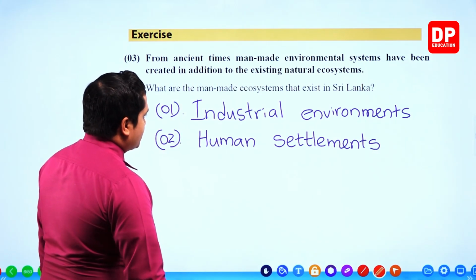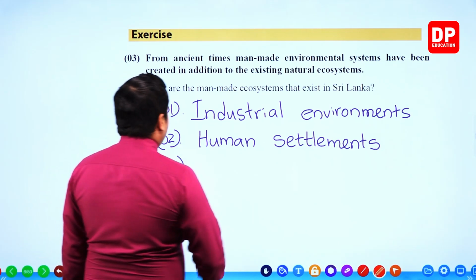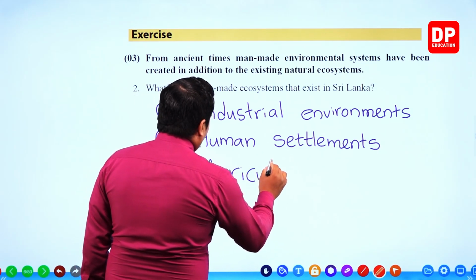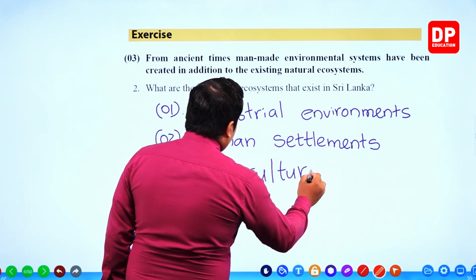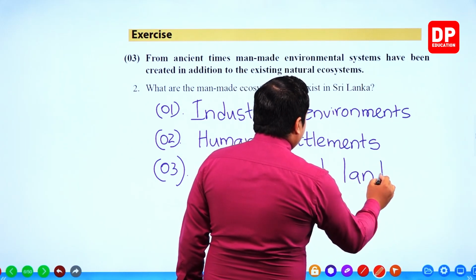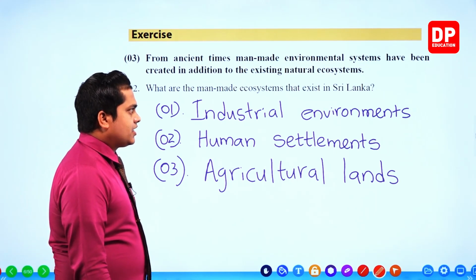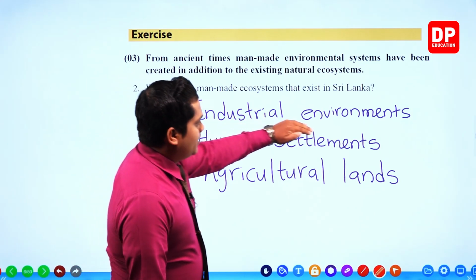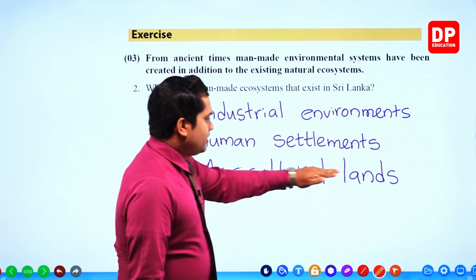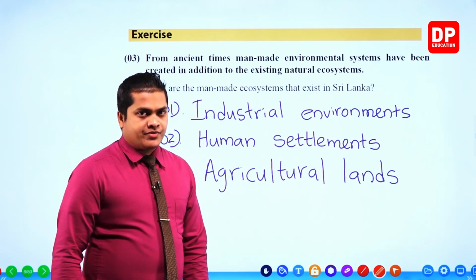Number 3, agricultural lands. So these are the 3 main environments: industrial environments, human settlements, agricultural lands. The 3 types of ecosystems which are man-made and can be found in Sri Lanka.